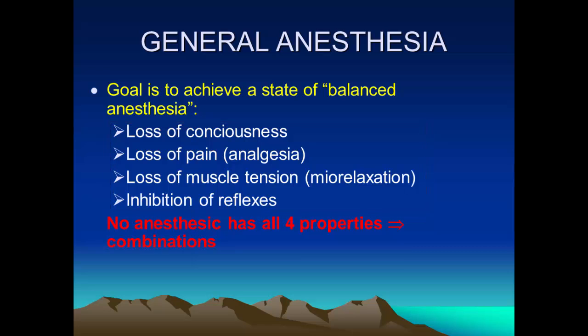I have highlighted in red that there is no anesthetic alone that meets all these properties, and for this reason and other ones, all the protocols that are used, you'll see that they have multiple combinations of different drugs, and the goal is to achieve this so-called state of balanced anesthesia.